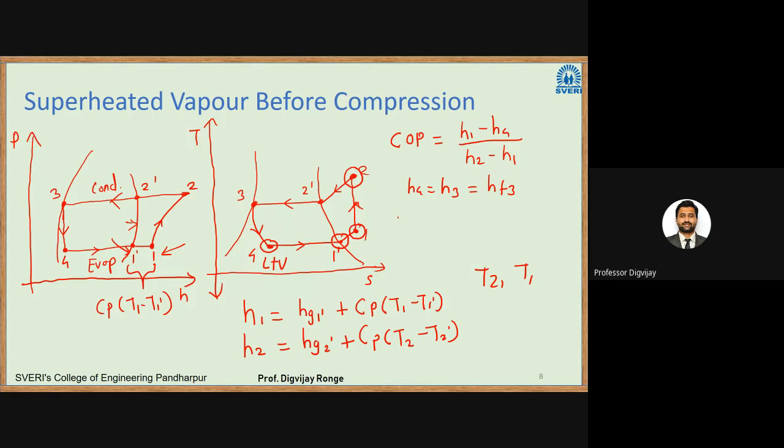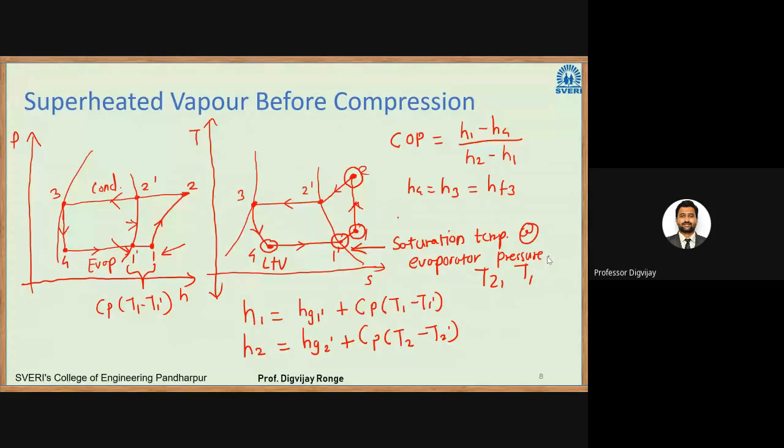saturated vapor. Okay, now if it further gets heat from the space, if further heat is transferred to this refrigerant, what will happen in that case? Its temperature will increase. So at the point 1 dash we have the saturation temperature at evaporator pressure.